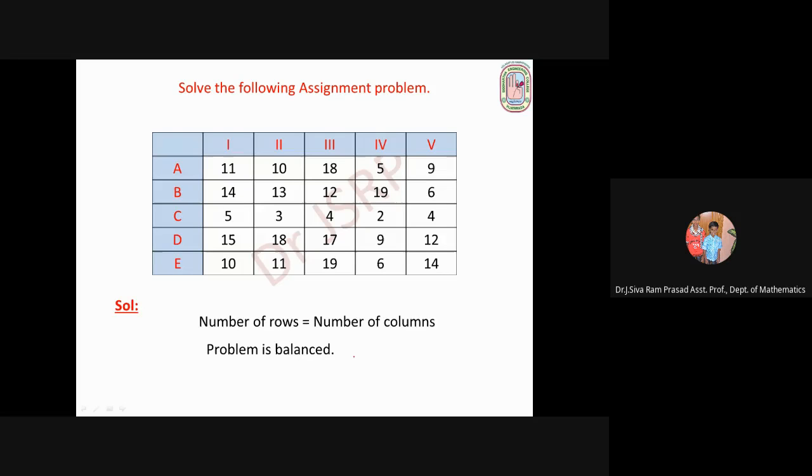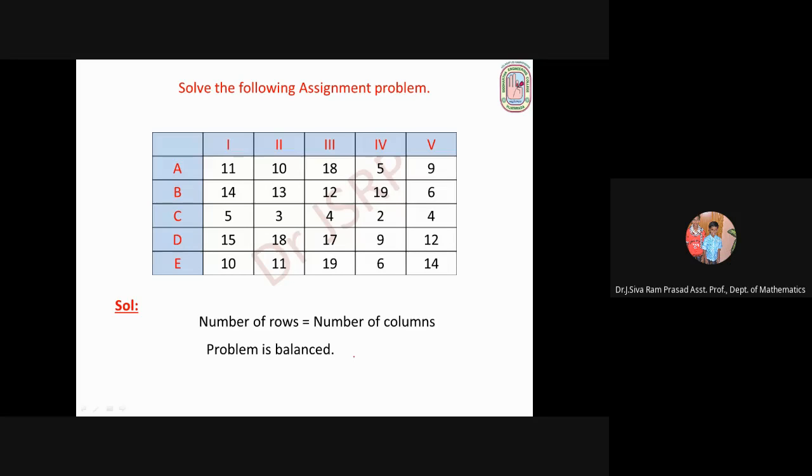Here observe the difference between an unbalanced transportation problem and an unbalanced assignment problem. What is an unbalanced transportation problem? If the sum of total available amounts is not equal to the sum of total required amounts, then the transportation problem is unbalanced.